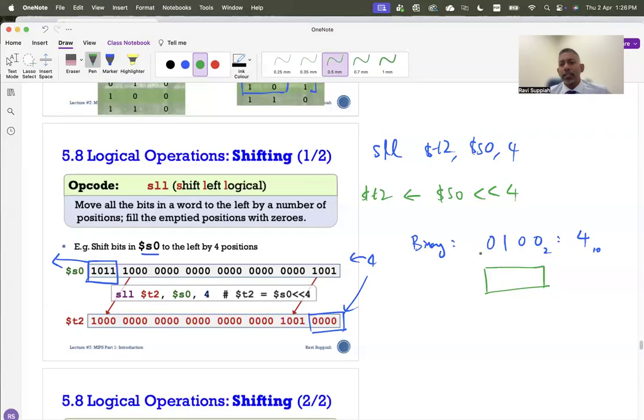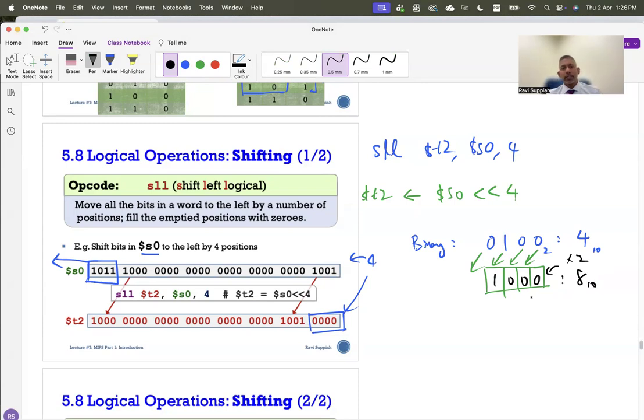This will get shifted out, this will come here, this will come here, and 0 will come in. So the new 4-bit value will be 1000, and this is equivalent to 8. As you can see, 4 times 2 gives me 8.